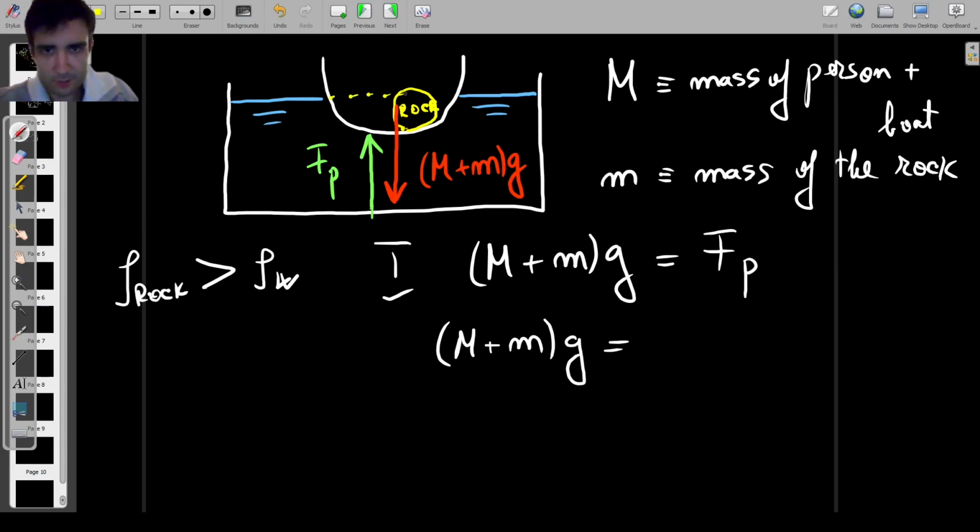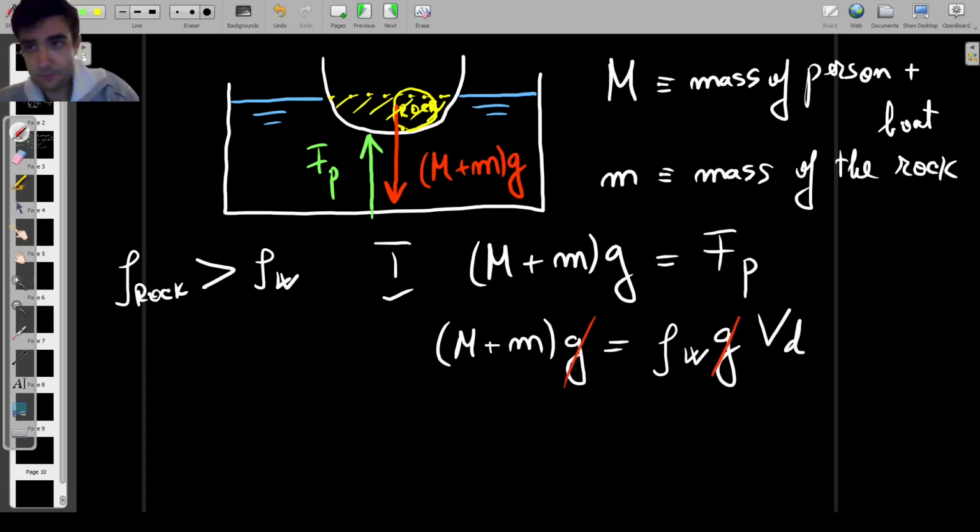And the weight of the displaced water is given by the displaced volume, which is the volume of boat beneath the water surface. Okay, so that's going to be the density of the water times g, and then times this displaced volume. And as before, we can cancel the g's.